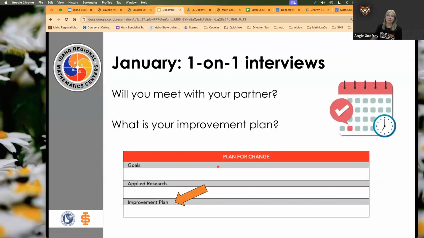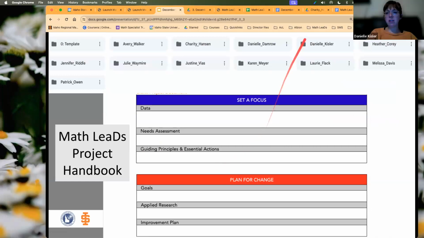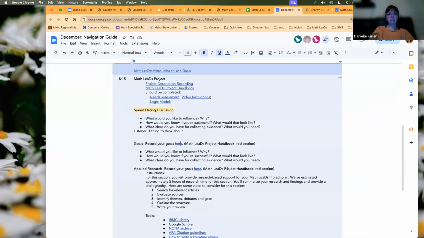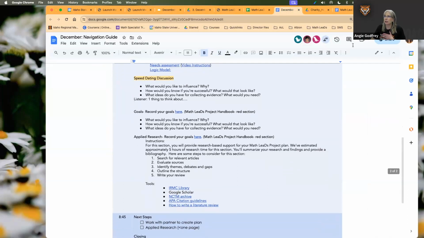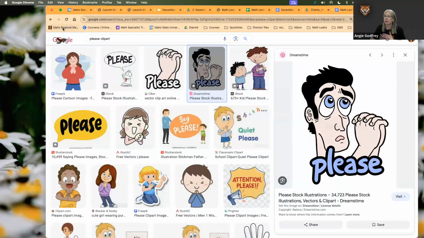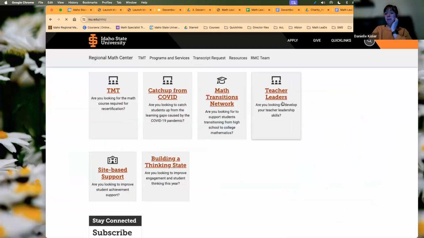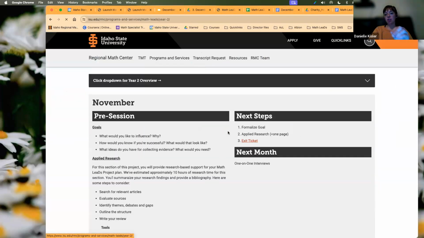Angie, the navigation guide, isn't that normally on the website? Yes, yep. And it is currently there now. So all of this will be there because I believe it's not a document. I believe we have it mirrored. Do I go on the month though? Like it says December 13th, and then should it be there? It should be there.